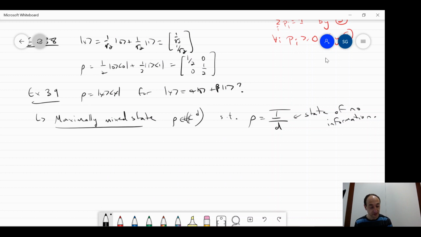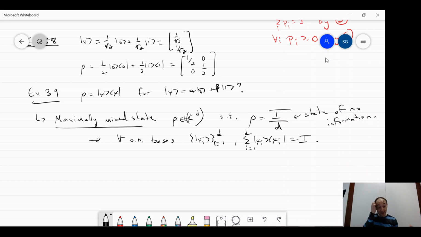Well, remember, for all orthonormal bases psi_i, i equals 1 up to dimension d, if I sum their projectors, 1 up to d, that always equals the identity. The identity diagonalizes in every single orthonormal basis. So I know absolutely nothing about my state. I don't know which eigenvector I'm in, and I don't even know what basis the system should diagonalize in. It's just complete noise.